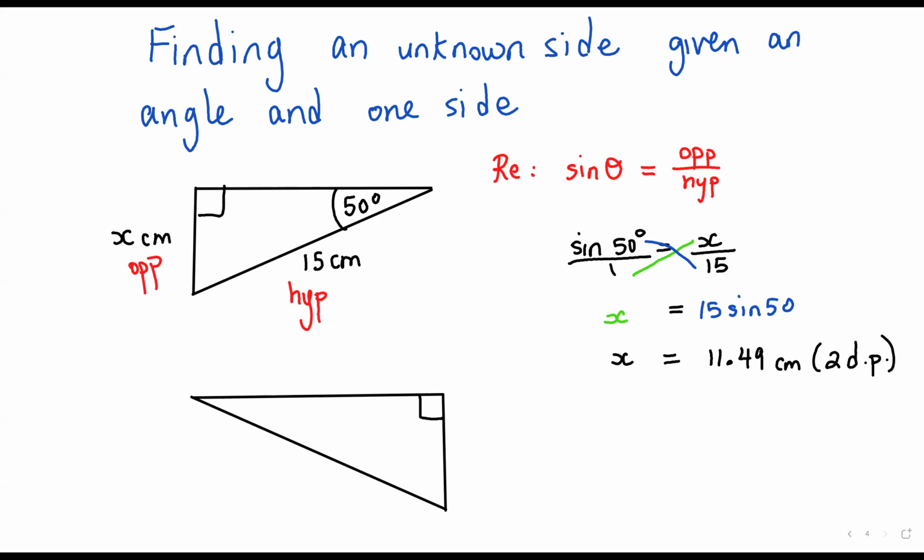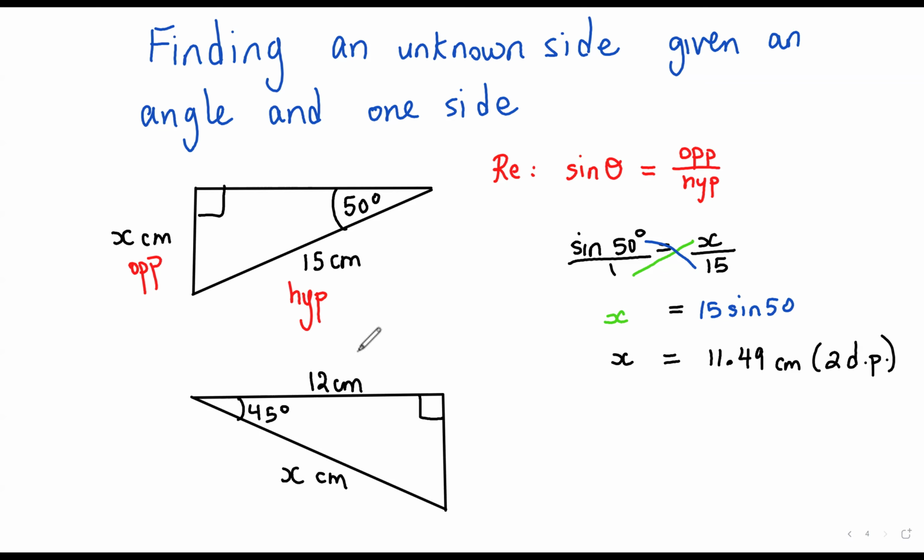Okay, say this one. We need to find, oh, not y. I want to keep using x, right? So this is x centimeters. This angle here is 45 degrees, and this side is 12 centimeters.